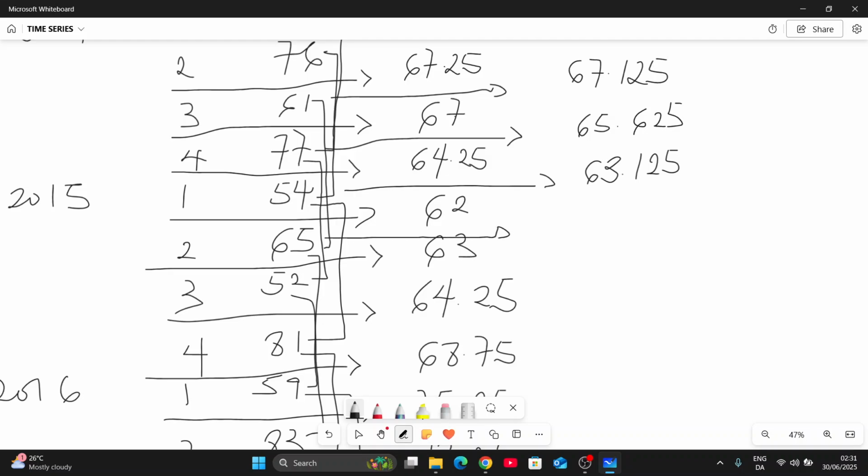The next one relating to quarter 2 for 2015 is 62 plus 63 divided by 2, which is 62.5. We have the next one, which is 63 plus 64.25 divided by 2, 63.625.